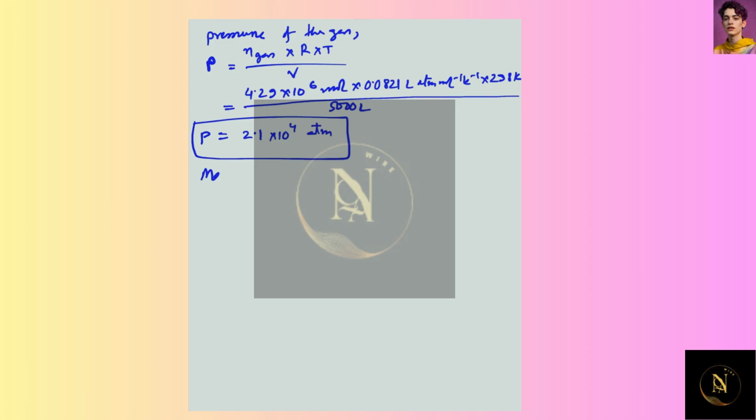And the mass of nitrogen used is the total moles of gas minus air originally in the tank. Therefore, total moles of gas minus the number of moles of air in the tank multiplied by the molar mass of nitrogen.